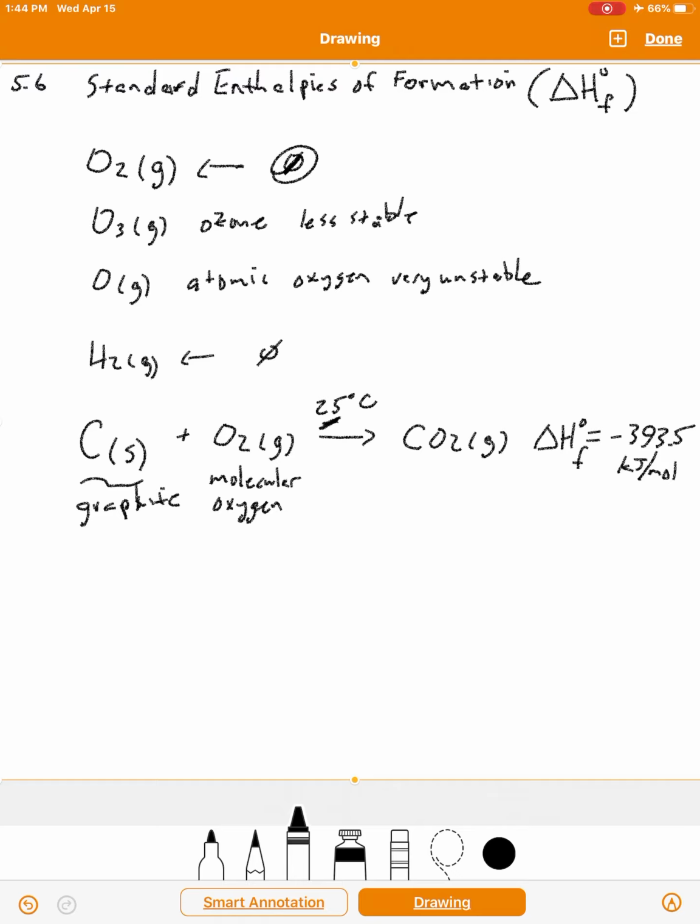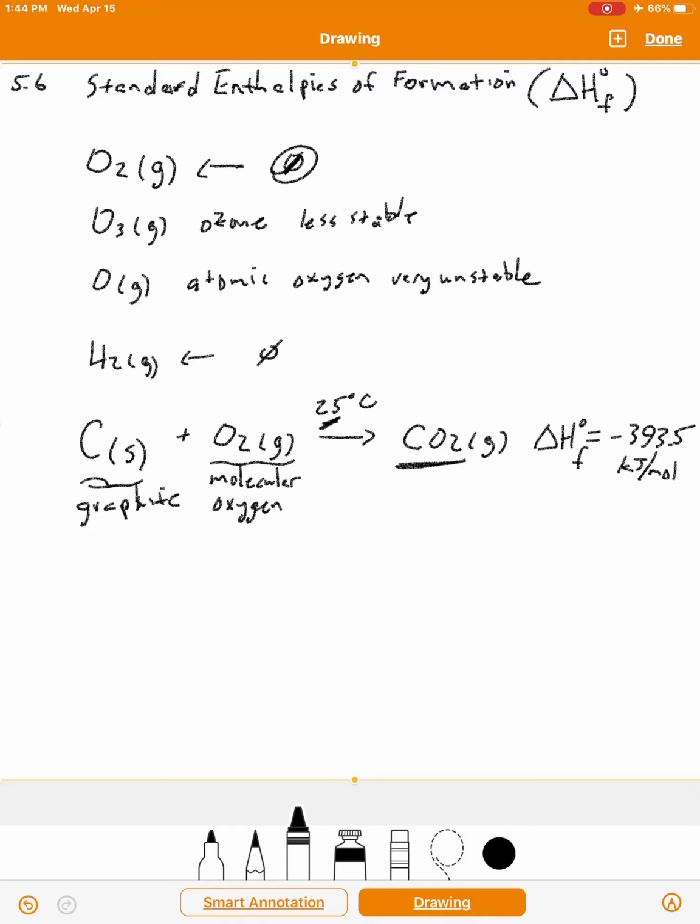Notice it's negative, so that means the heat's released. You would get this value, 393.5. So what we're going to do is make a table. We're going to say, okay, making 1 mole of this compound from the most stable elements that are in it, we're going to measure what delta H is, and we're going to put that in a table.